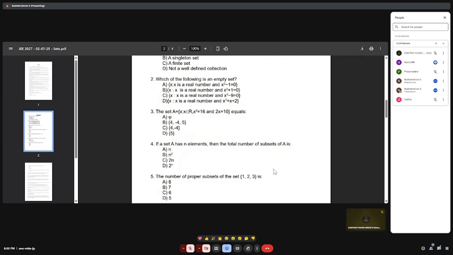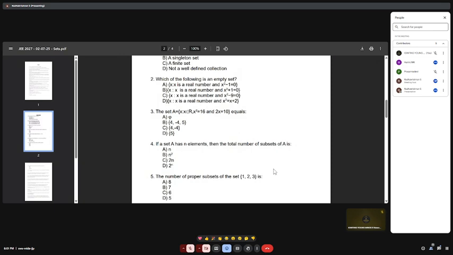Sir, number of proper set formula is 2 power n. 2 power n is not proper. It is number of subsets. The number of subsets is equal to 2 power 3, because here the number of elements is 3. Therefore, the number of subsets is 2 power 3, which is 8.